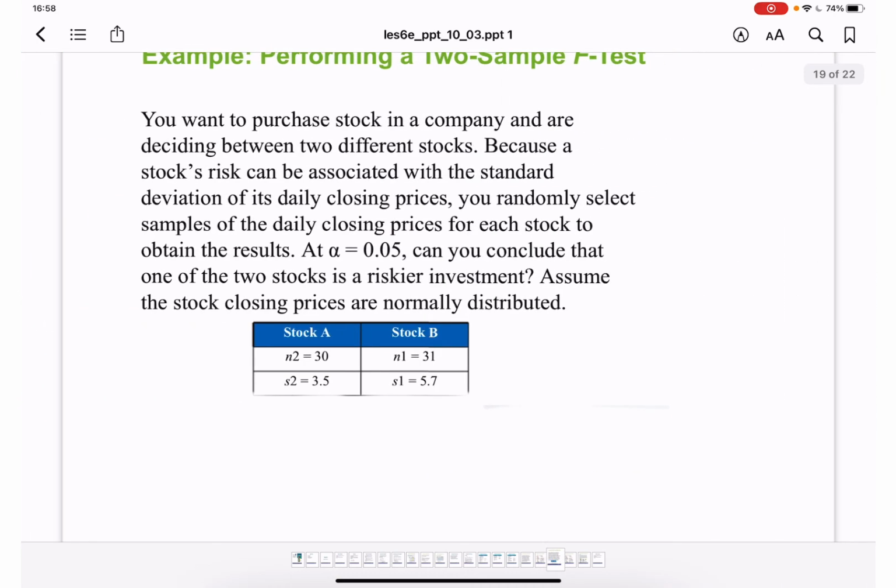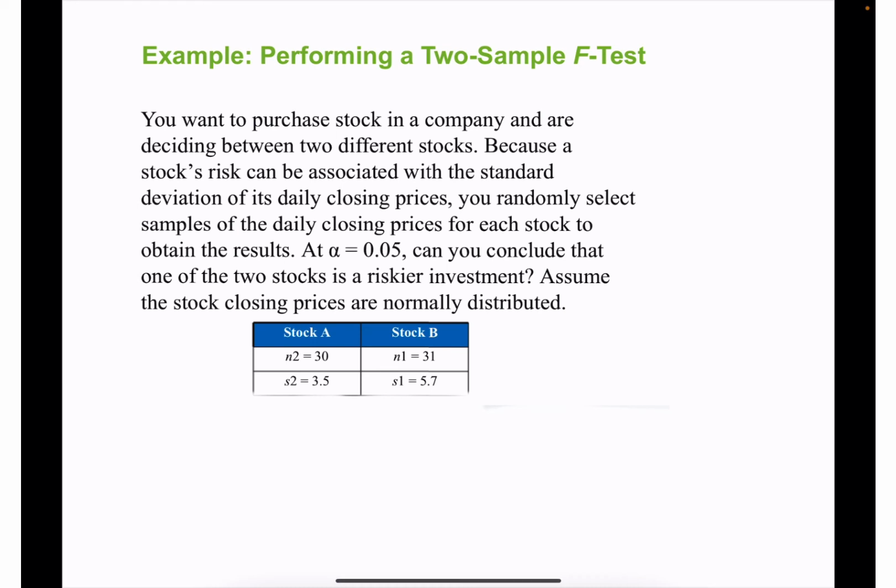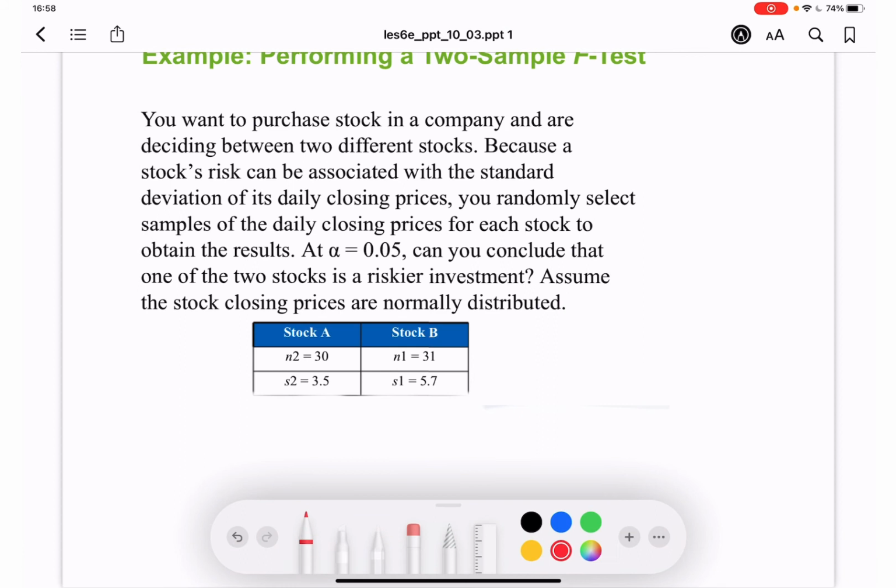Next example, performing a two-sample F-test. You want to purchase stock in a company and are deciding between two different stocks. Because a stock's risk can be associated with the standard deviation of its daily closing prices, you randomly select samples of the daily closing prices for each stock to obtain the results.